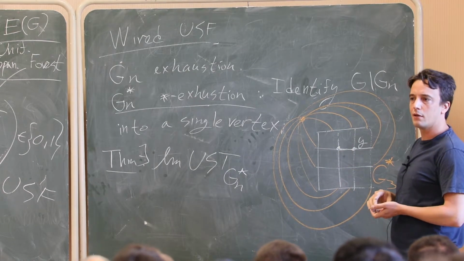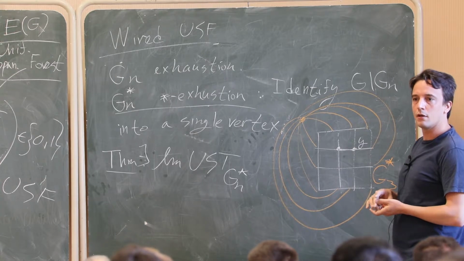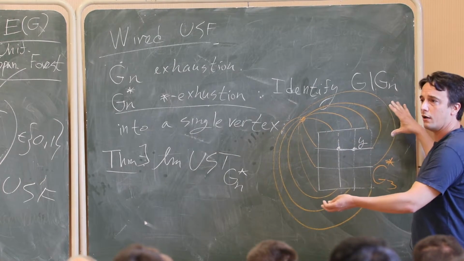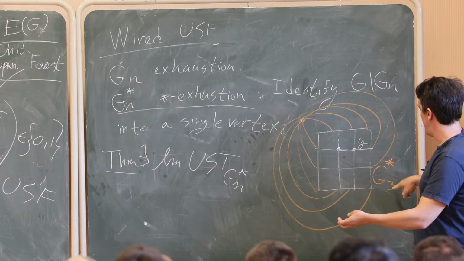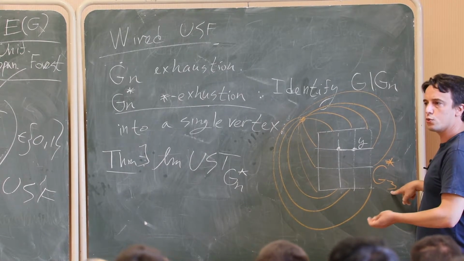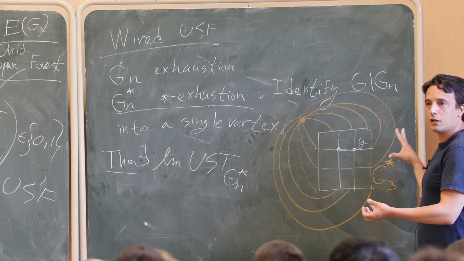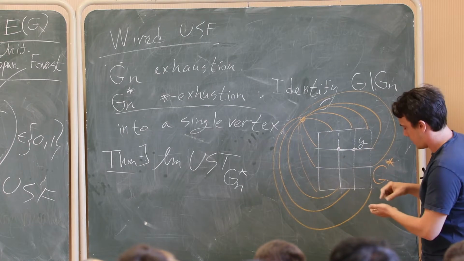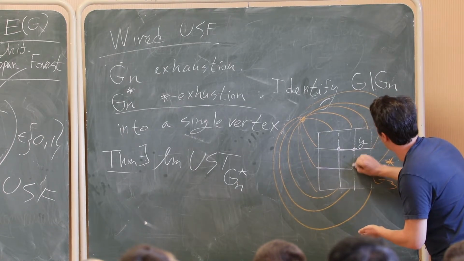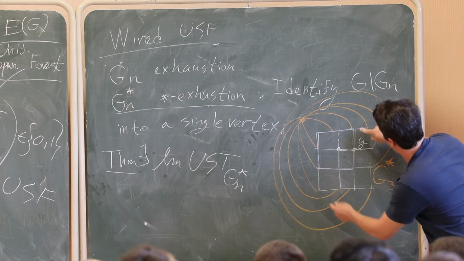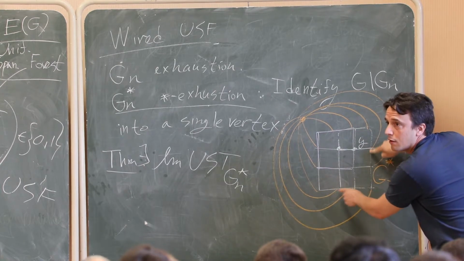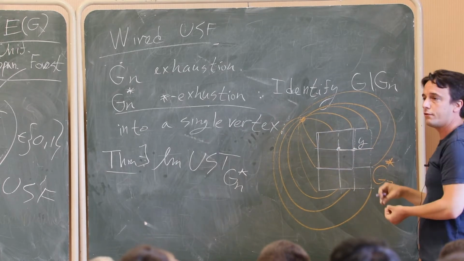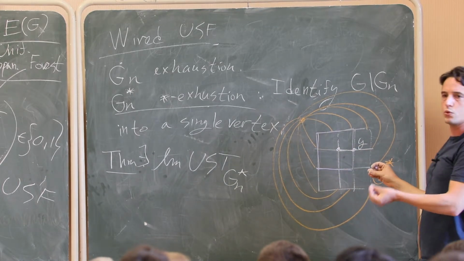And why is that? The reason is that from G3 star, let's obtain G2 star. I can obtain it by gluing vertices. If I want to get this 2 by 2, I can glue all of these vertices to a new vertex, and I will get G2 star.